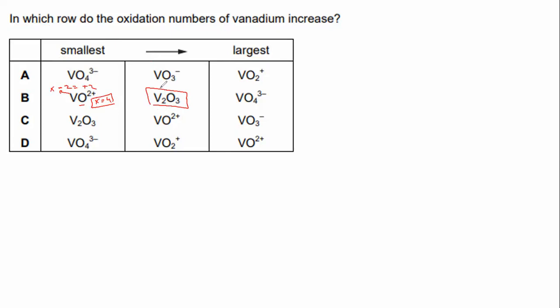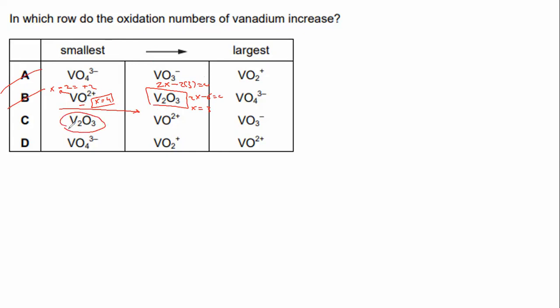So look guys, V2O3 means we have 2X minus 2 times 3 equal to 0. And 2X - 6 equals 0. X will be 3. So we are not going from the smallest to the largest. B is wrong as well.